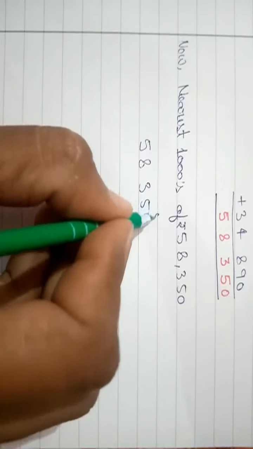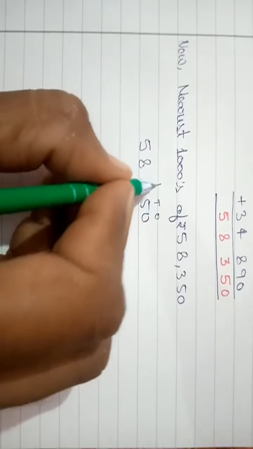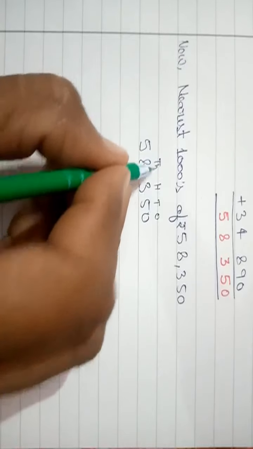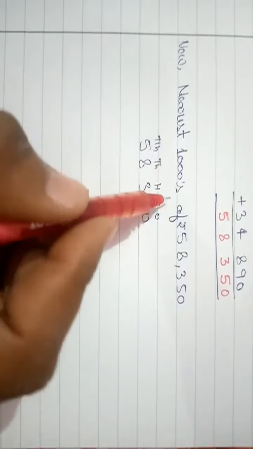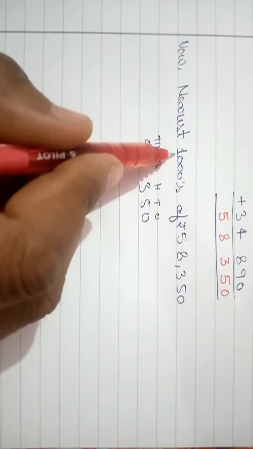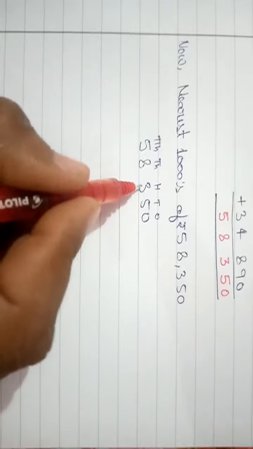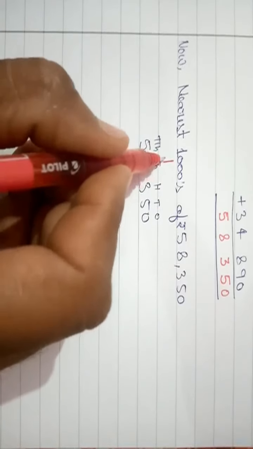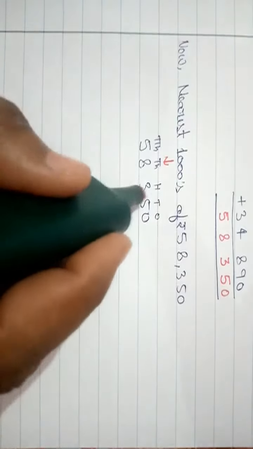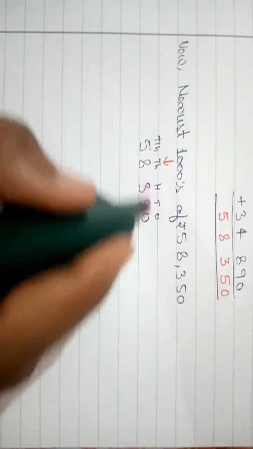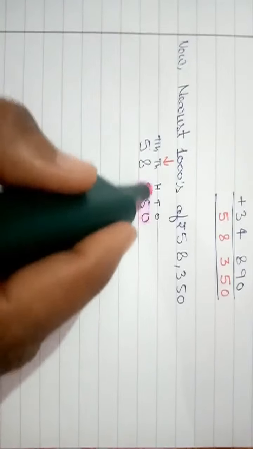Its places are ones, tens, 100, 1000, 10,000. And now the target place is the 1000 place. So ones, tens, 100, 1000. Target your 1000 place.